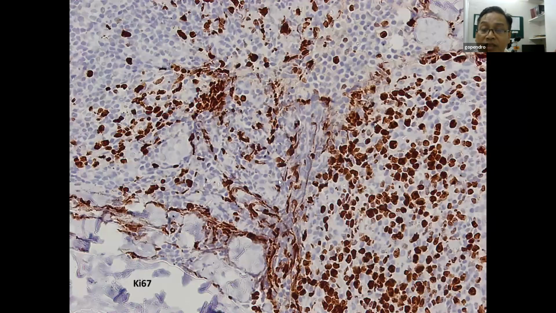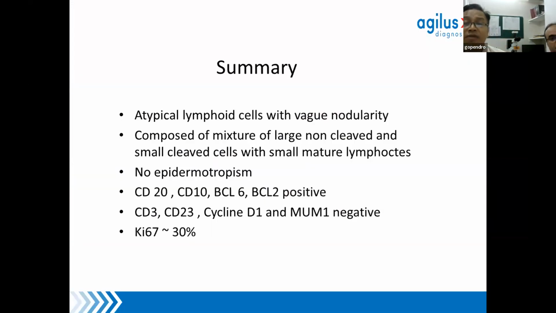Ki-67, of course, is supposed to be done in almost every lymphoma. We thought along the line of lymphomas, so Ki-67 comes out to be around 30%. So to summarize, these are clusters or aggregates of atypical lymphoid cells found mainly in the lower dermis, infiltrating partly the surface tissue.